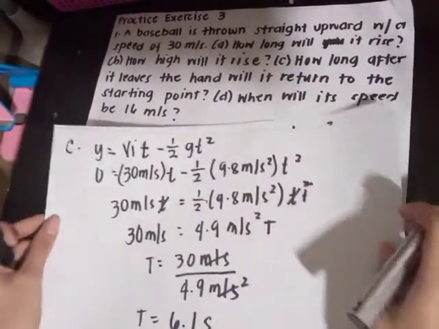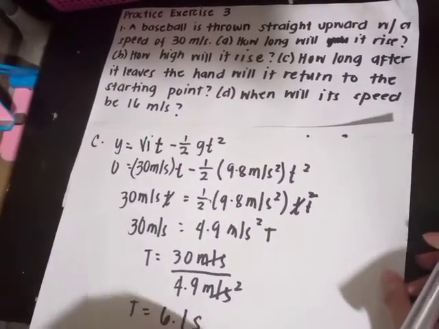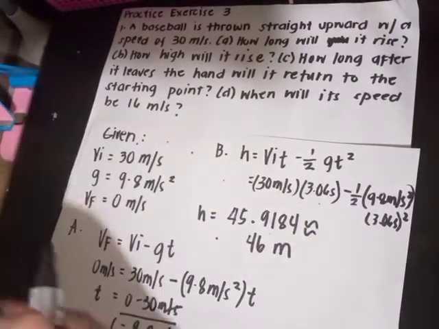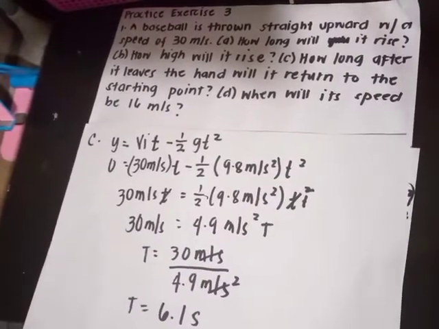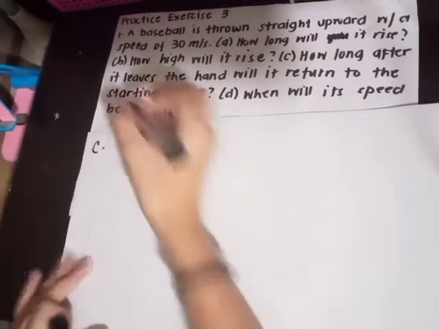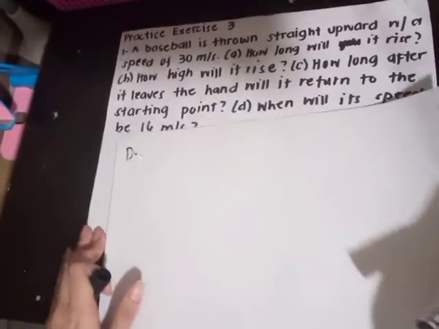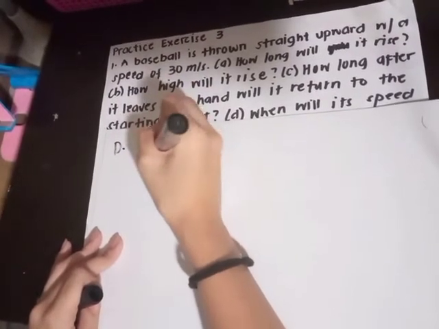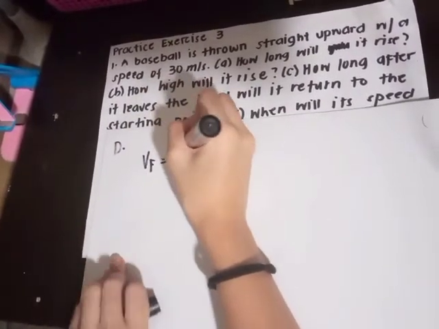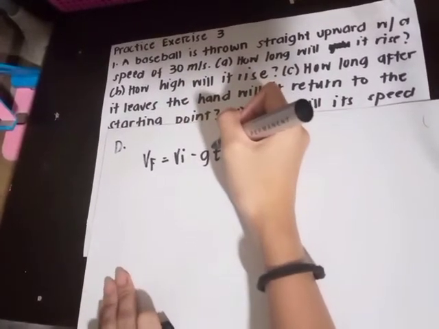So, for letter D, the question is, when will its speed be 16 meter per second? So, for letter D, I use the formula of final velocity equals initial velocity minus the gravity and time.